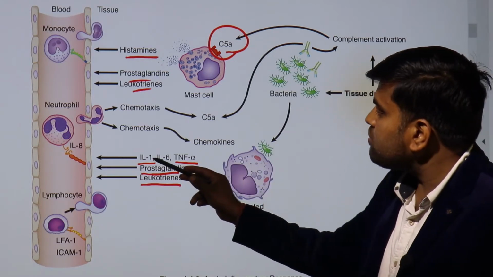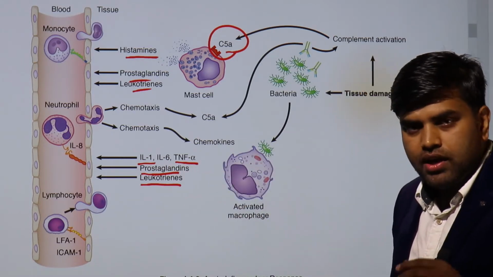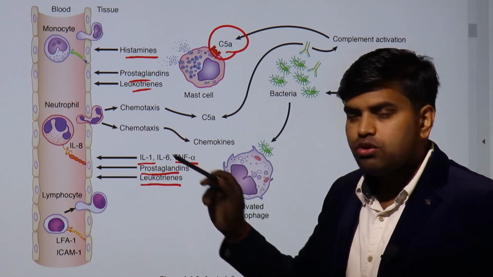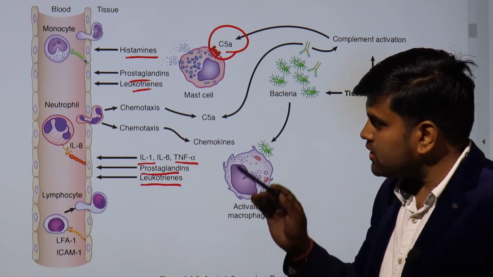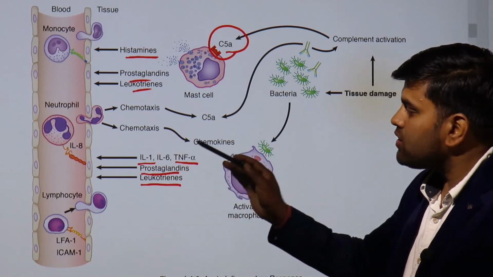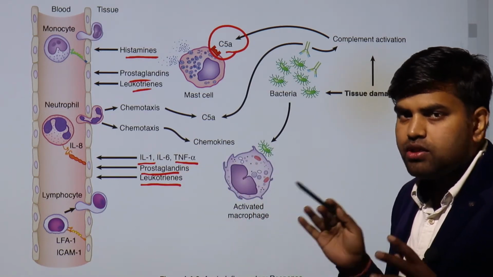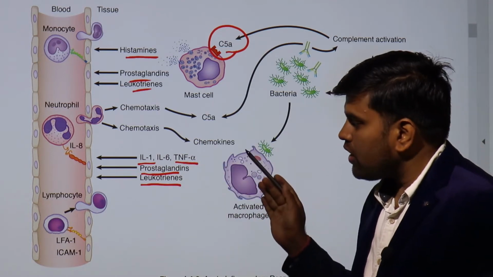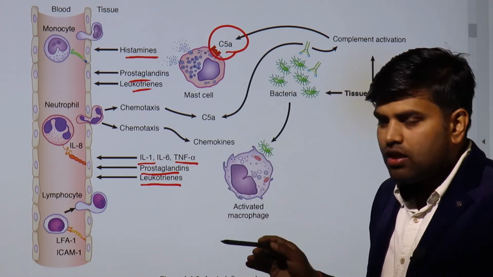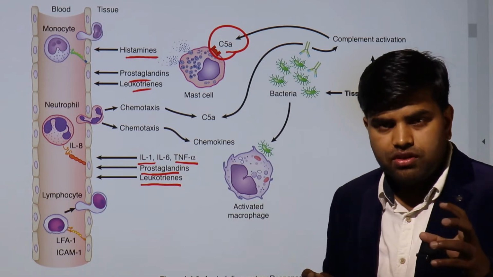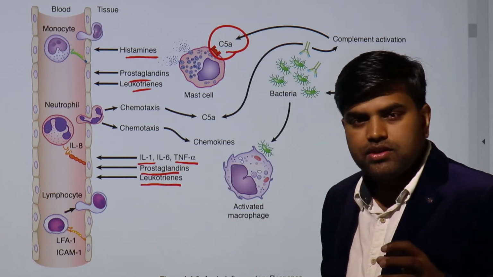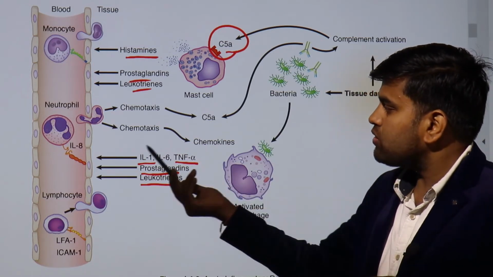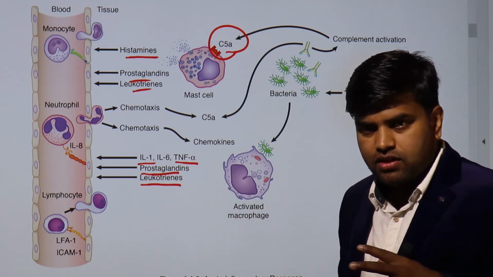Now due to the release of interleukin 1 and TNF alpha, there will be certain changes in the neutrophil as well as the endothelial cell, both. Initially they are all normal; there is nothing on the neutrophil and nothing on the endothelial cell. So the neutrophil phagocytic cell doesn't get trapped, and doesn't need to go to the periphery and attach.